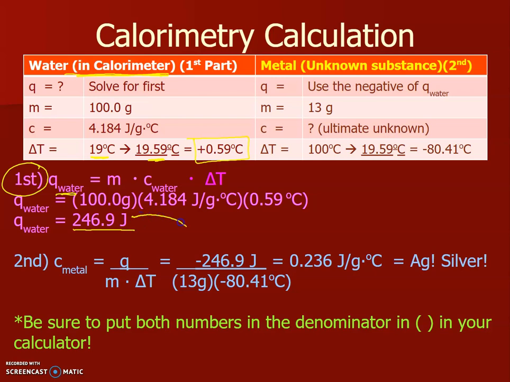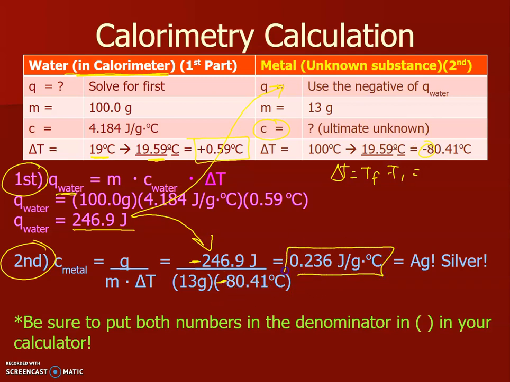Then I take this value and secondly use that to figure out what the specific heat of the metal is. Since this is a negative value, we know that my delta T, because it is T final minus T initial, is going to be a negative value also, and you see your negative 80.41.